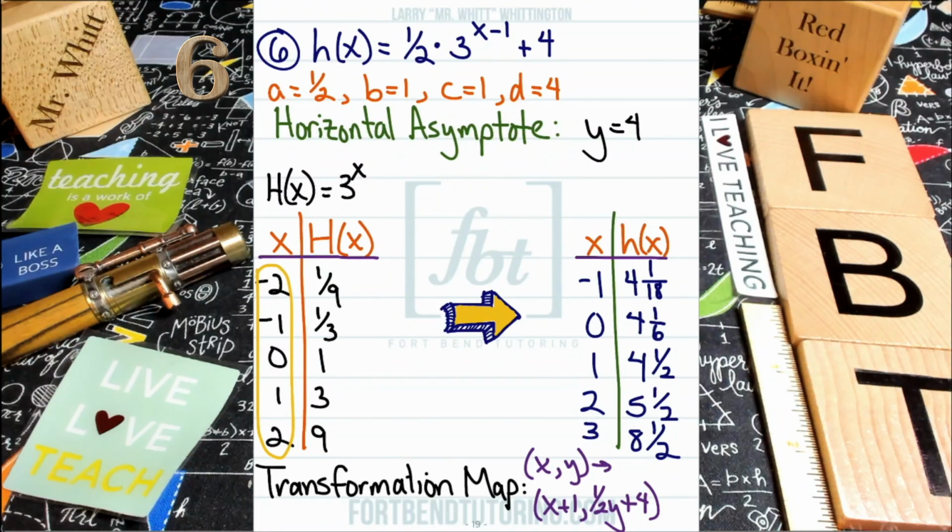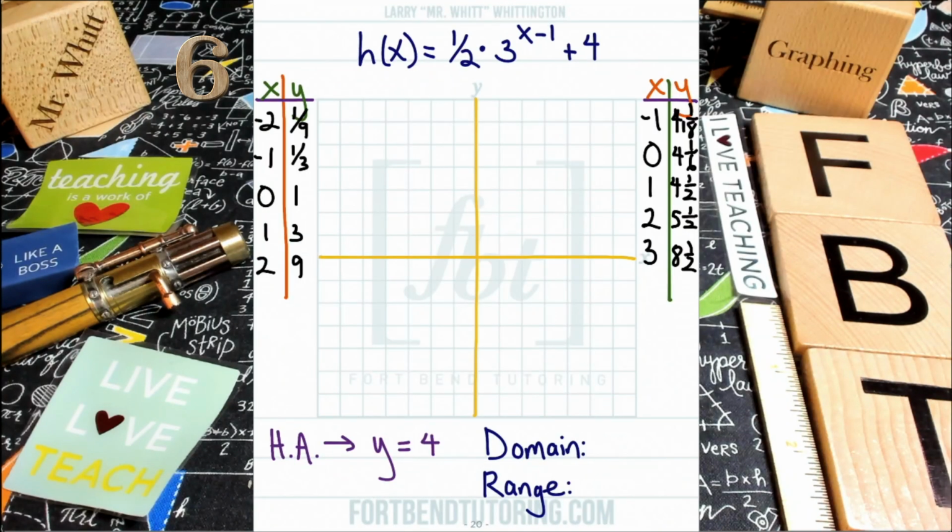All right, let's go ahead and look at our graph, people. On the left, you have the original h of x XY chart, and on the right you have our new function, the lowercase h of x. All right, so I'm just going to graph the function on the right this time. So I'm not going to worry about the parent function, or should I? You know what? You're right. Let's graph both, people.